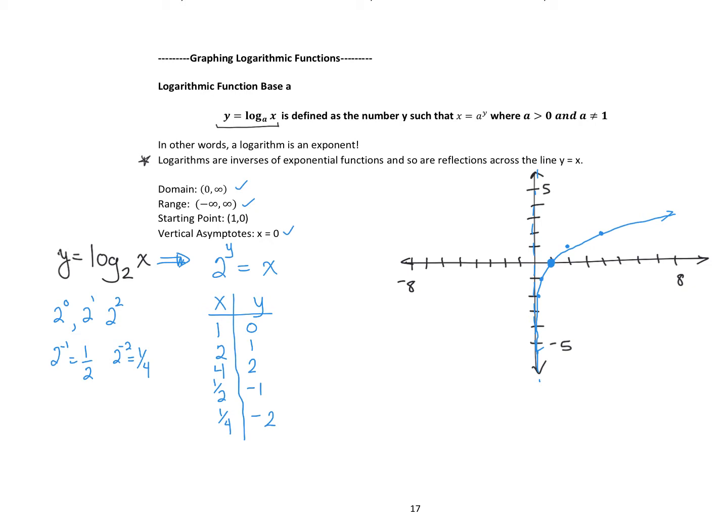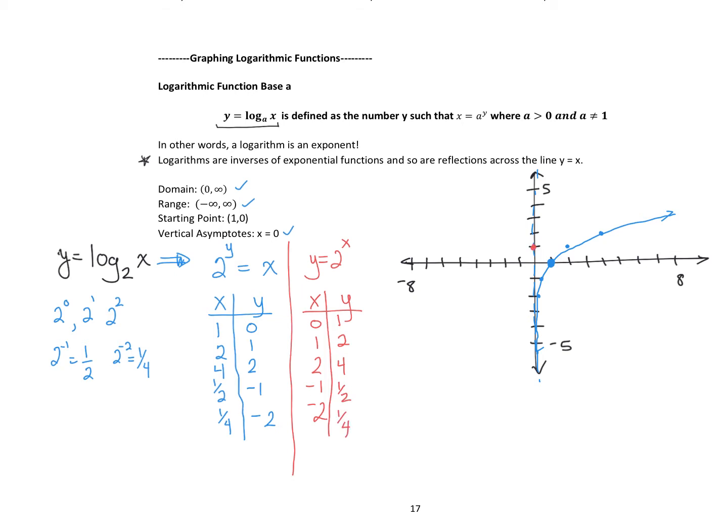Now, just to show you that this is in fact the inverse of y equals 2 to the x, we'll make a small table of x, y values for this function. I'm going to choose the same values for x that I chose for y. If I plug in a 0, 2 to the 0 is 1. We have 2, 4, 1/2, and 1/4.